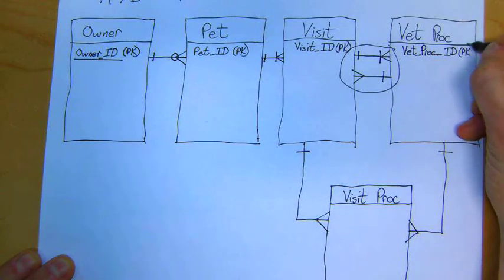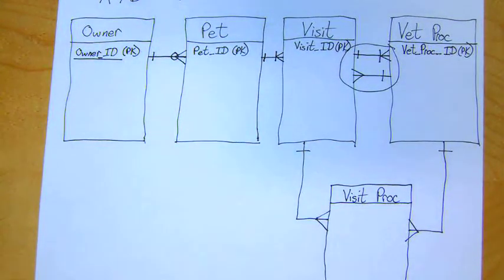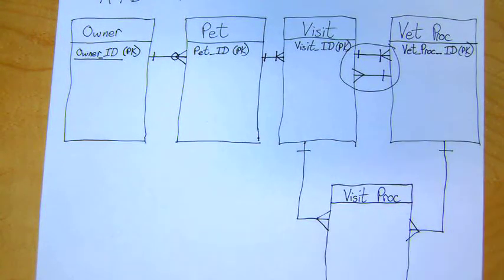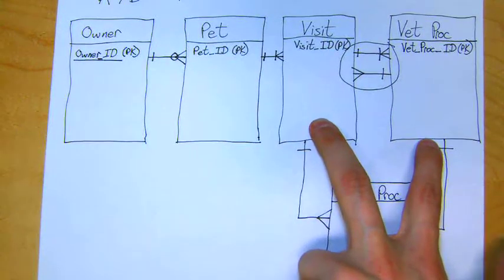PK here. Okay. So one of the things that's very interesting about the associative entities is that sometimes associative entities are also called parent-child relationships. What that means in this case is the associative entity is the child of these two parents.